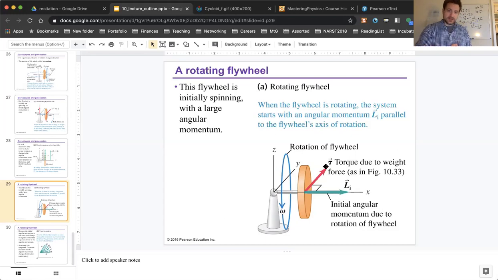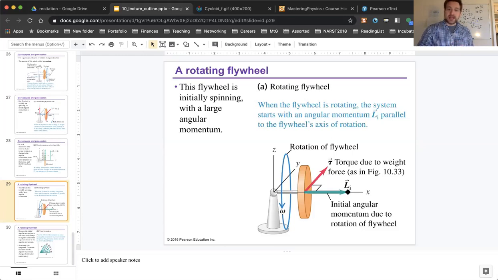Our force is perpendicular to our linear momentum. In the case of the flywheel, we've got a rotational force that is perpendicular to our rotational momentum.